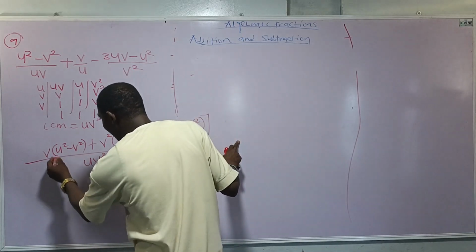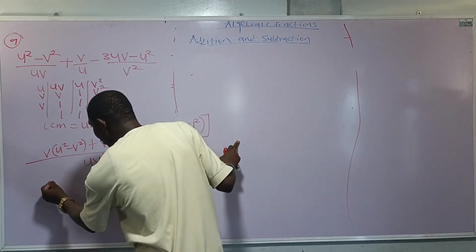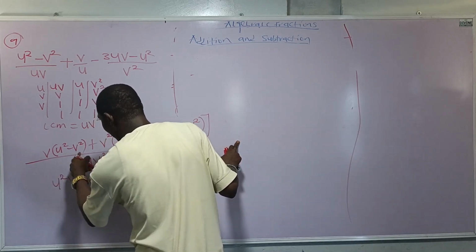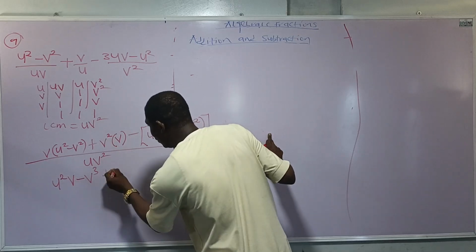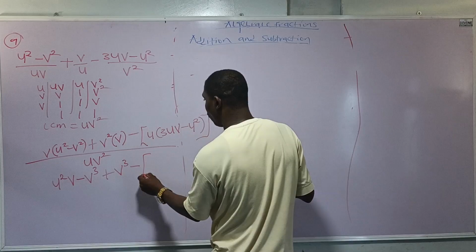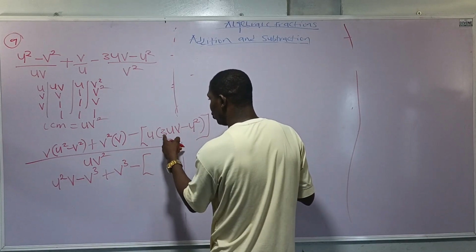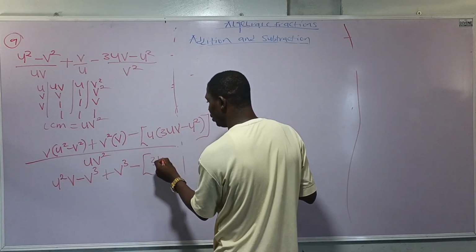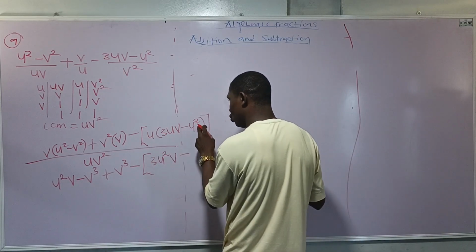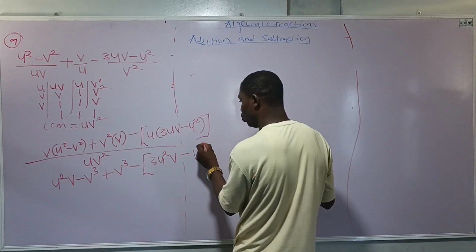I will expand. This will give me u square v minus v cube plus v cube minus, open bracket, square bracket, u times 3uv will give me 3u square v minus u times u square will give me u cube.